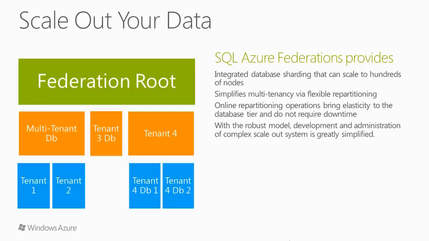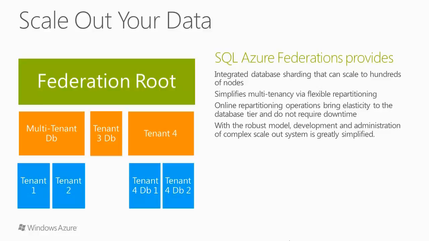We can do this through online partitioning operations, which brings elasticity to the data tier and does not require downtime. So the whole goal is that I can repartition to multiple nodes without any database downtime. It happens behind the scenes very quickly, all said and done, and I get that scale out without taking the database down.